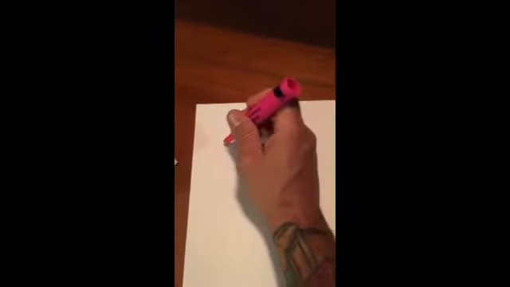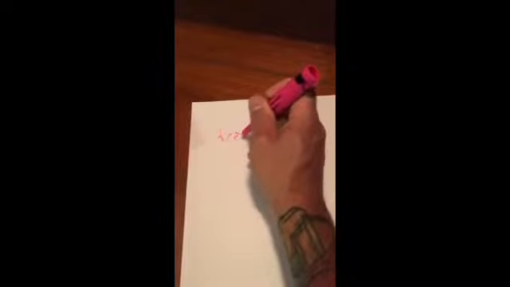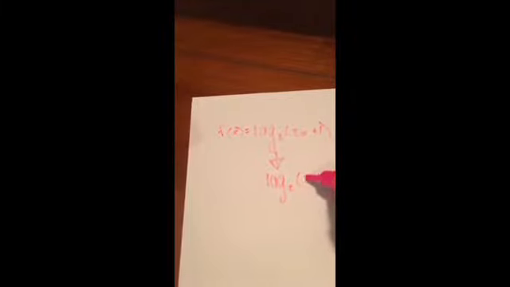Now the b values are going to be part of the log. So if I have something like this, remember that I need to factor it away from the x. So that means it's going to become log base 2 of 2 times x plus, this gets divided by 2 and this gets divided by 2, so 2 times x plus 1/2.